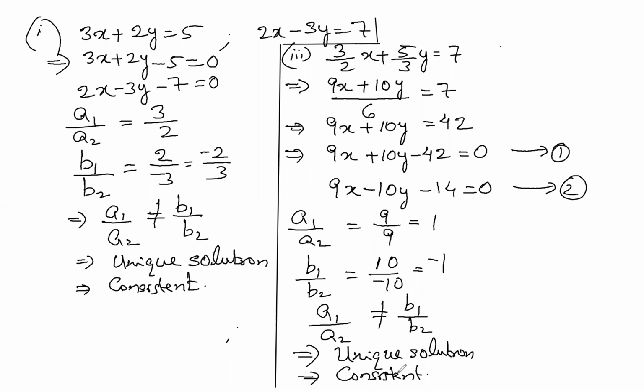Okay, so shall I start the third one? Third subdivision: 4 by 3x plus 2y is equal to 8. There also you will convert this into the common denominator.